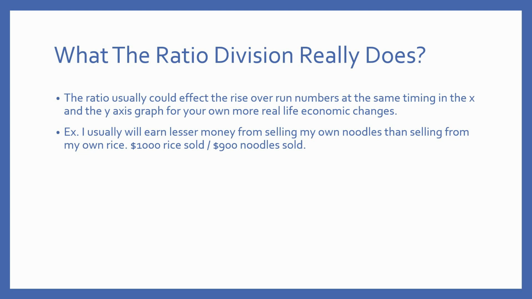I'm not used to data management, those weird imaginary numbers, a little bit. So the rice earns 11% more than noodles. Yeah, I guess that's right.